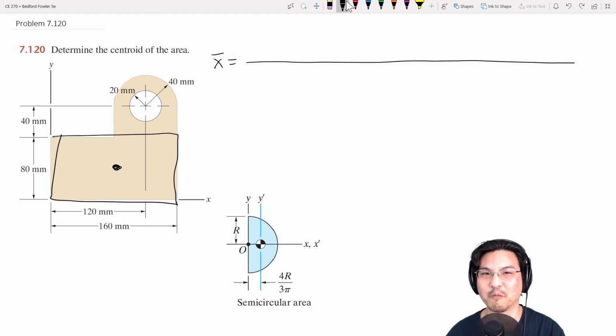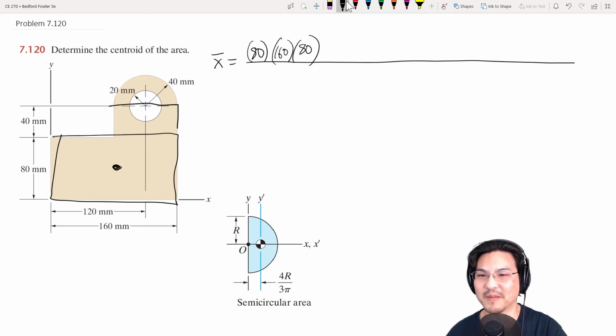I'm just going to write the numbers, and just to save space, I'm not going to write the units. Just assume everything is millimeters. So the centroid of the rectangle times the area of this rectangle, which is 160 by 80.